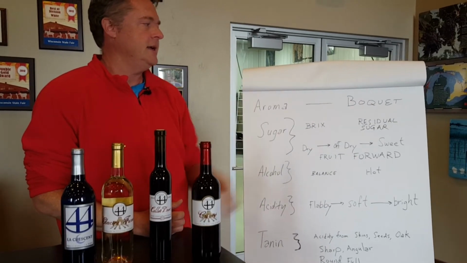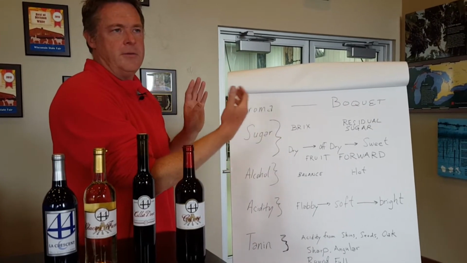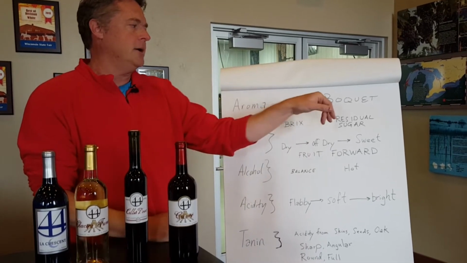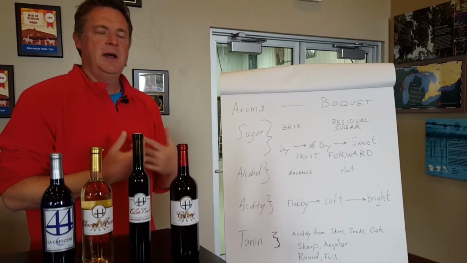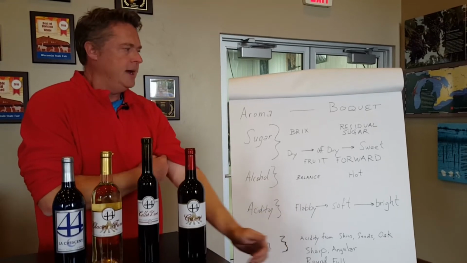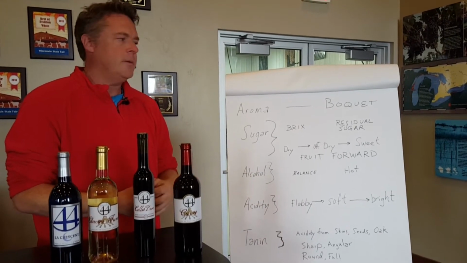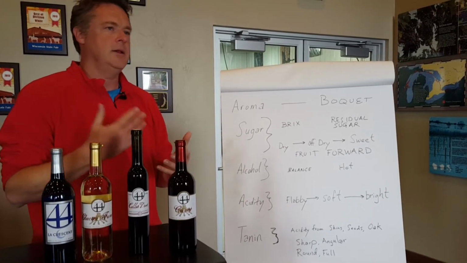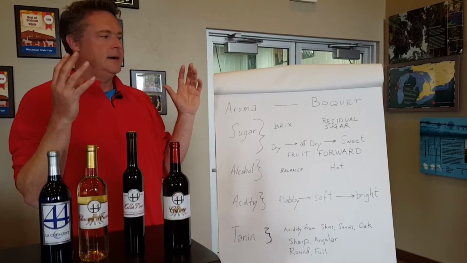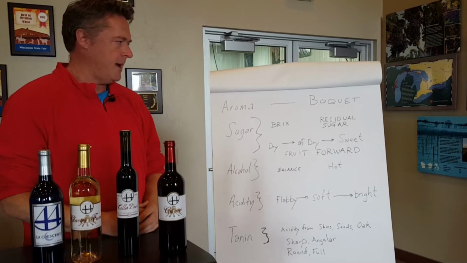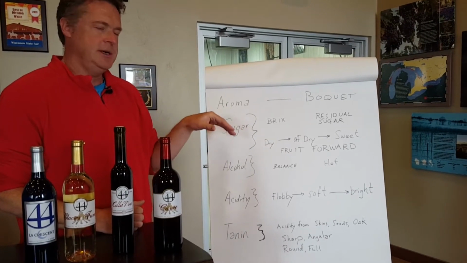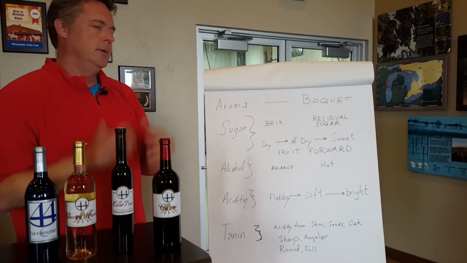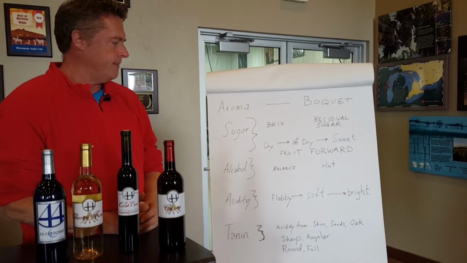And the bouquet incorporates the fruit and the floral aromatics of the grape, but also is a reflection of how that wine was fermented. Was it lying on the lees for a while? Was it aged in oak? Those additional winemaker elements are incorporated in the notion of bouquet. So the terms are often used interchangeably, but bouquet is the more complex expression when talking about the smells of a wine.